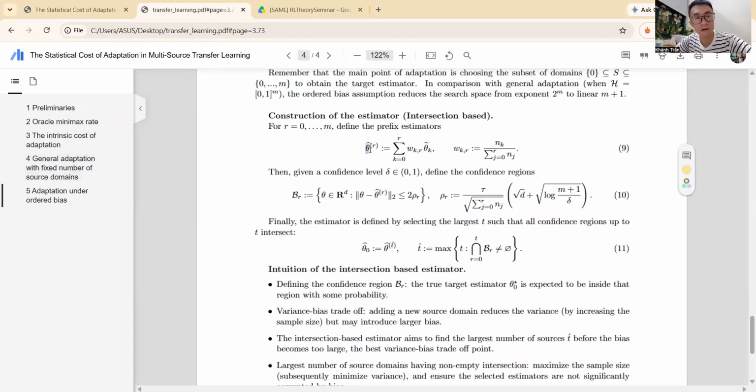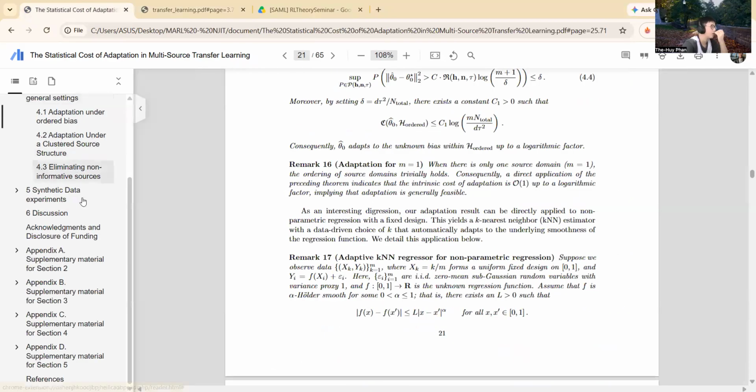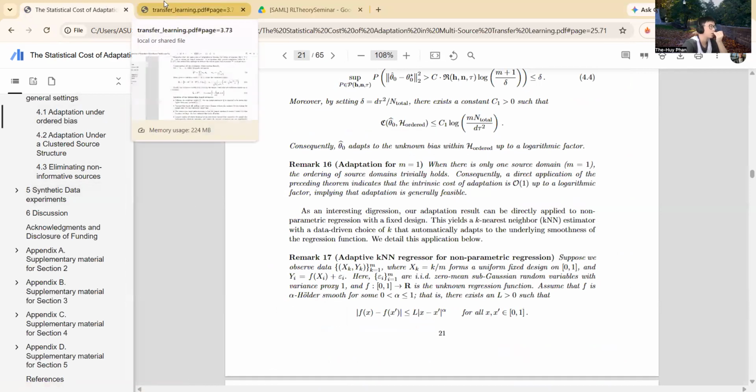The equation 9? No, in the main paper, there are some methods that show how to choose the domain. There's something with clustering.